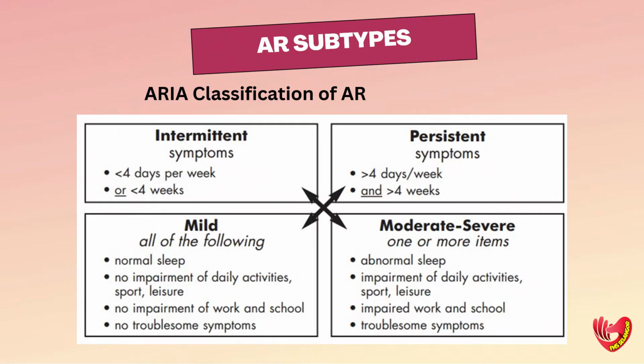By severity, mild symptoms do not interfere with daily activities, sleep, work, or school. Moderate to severe symptoms disrupt sleep, daily activities, work, or school performance. These classifications help to guide diagnosis and management by linking symptom pattern with their impact on quality of life.